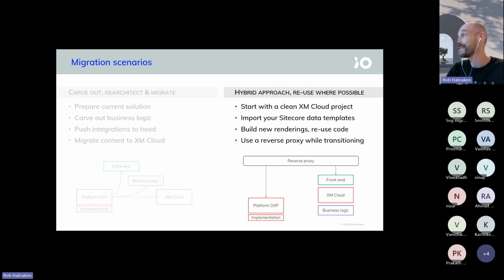And you start with a clean XM Cloud project, maybe transferring your data templates, your data, and using a reverse proxy while transitioning to migrate page per page or maybe per section of your sites to XM Cloud. And doing it like this, it's gearing a little bit more towards a greenfield setup with a lot of reuse.